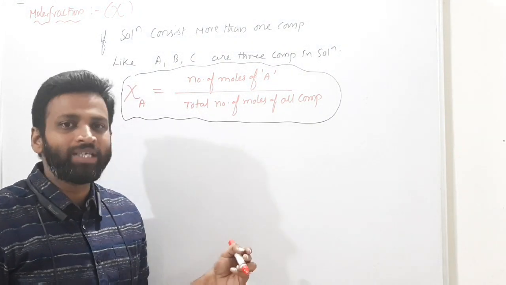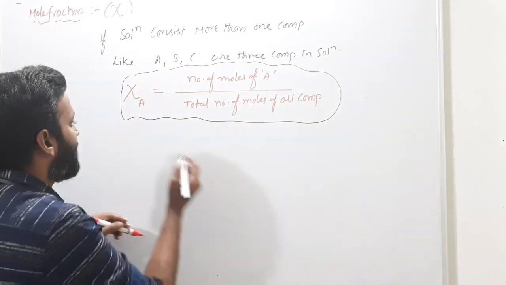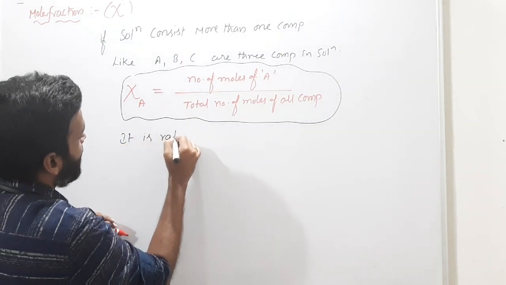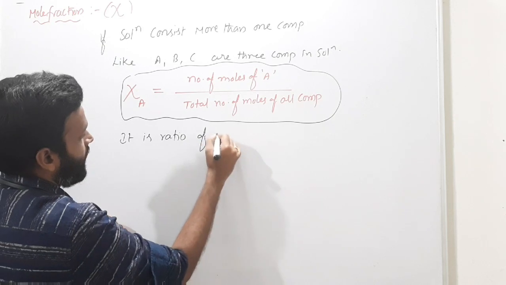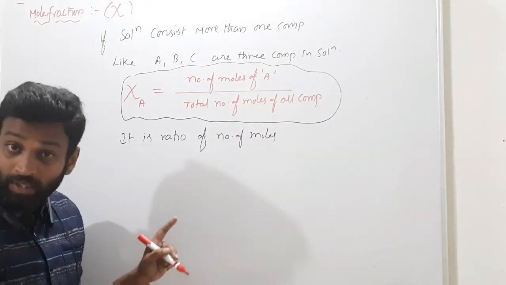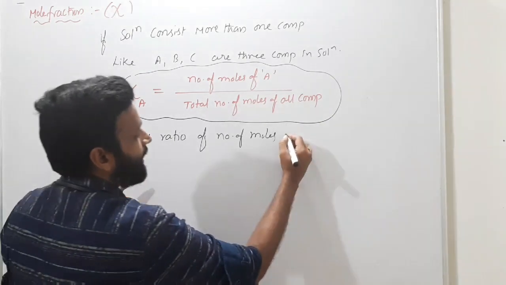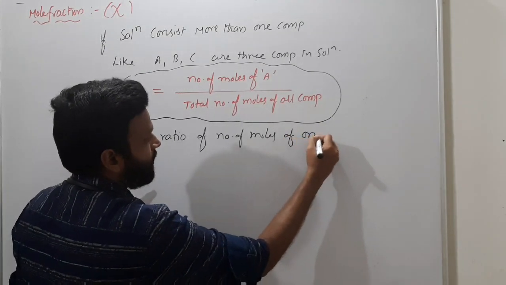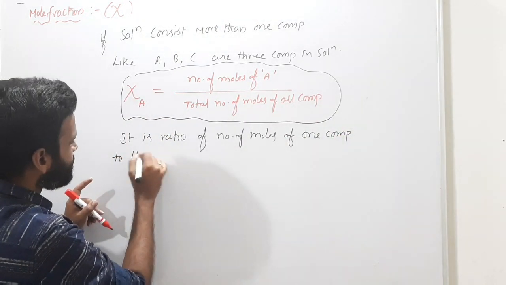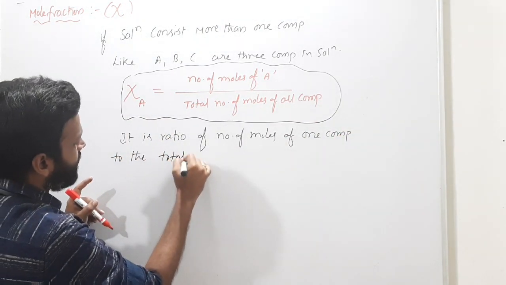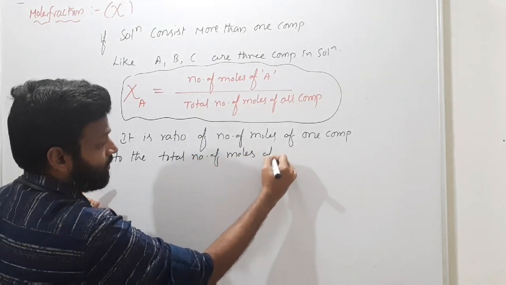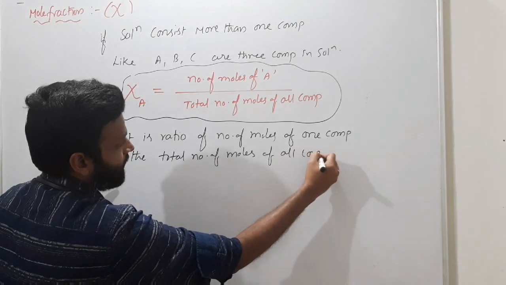So in general, what is mole fraction? It is a ratio. It is the ratio of the number of moles of one component to the total number of moles of all components.